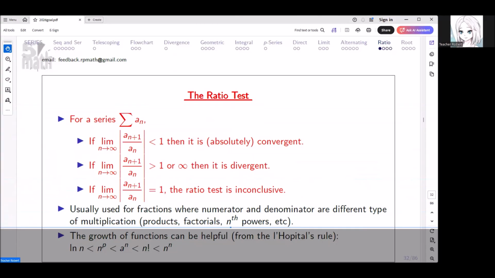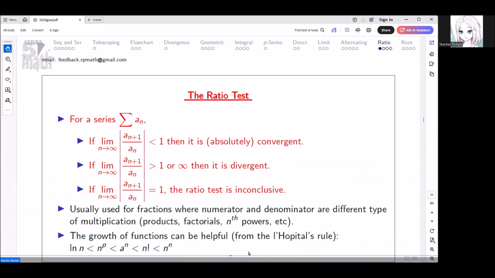Used for fractions where numerator and denominator are different types of multiplication: products, factorials, nth powers, etc. The growth of functions can be helpful from L'Hopital's rule. Ln n grows slower than n to the power p, which grows slower than a to the power n, which grows slower than n factorial, which grows slower than n to the power n.